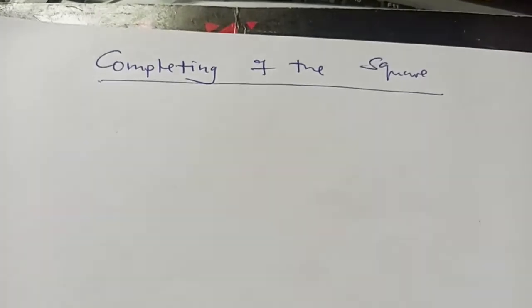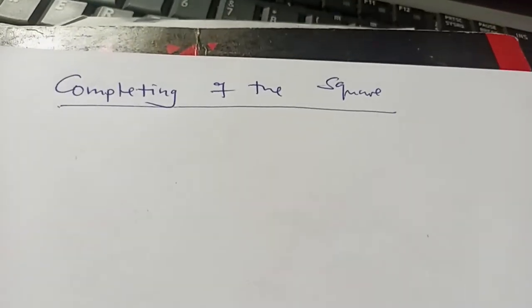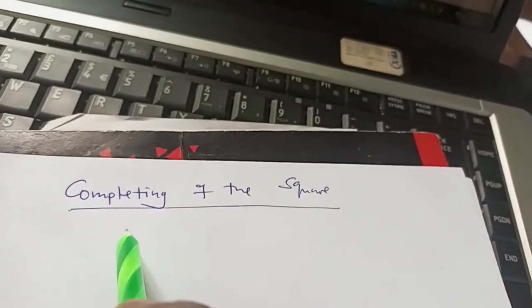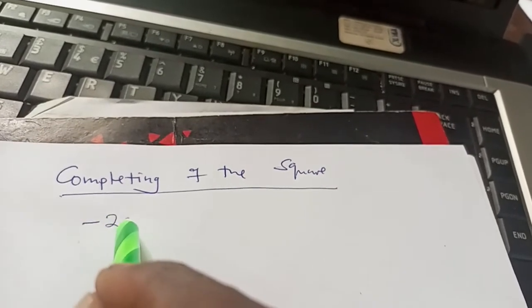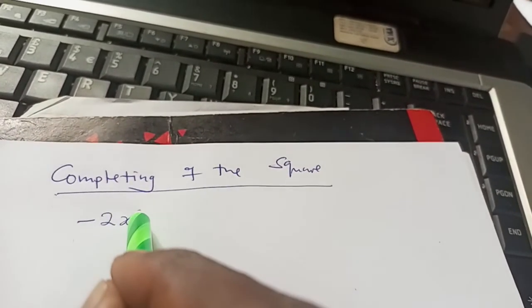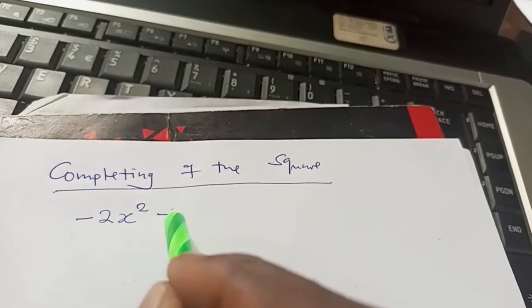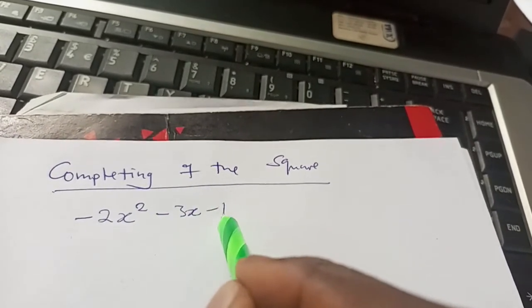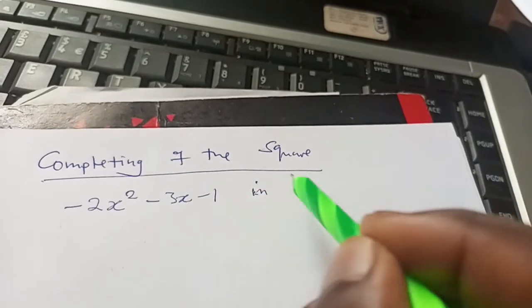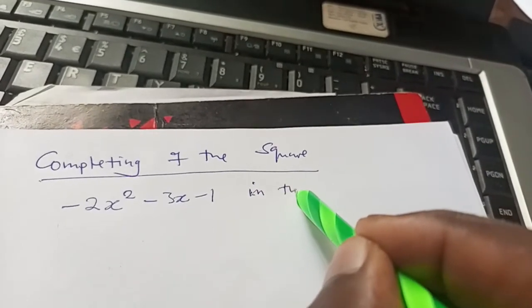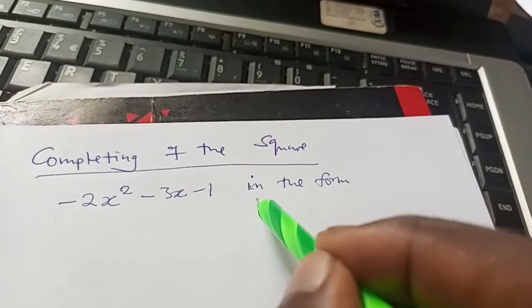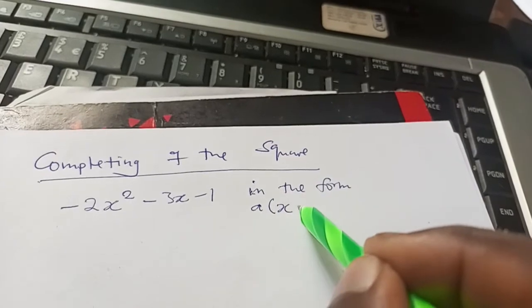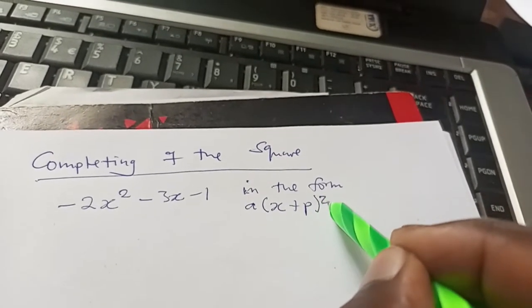So we are saying completing the square method. We are asked that we need to express negative 2x to the power of 2 minus 3x minus 1 in the form of (ax plus b) to the power of 2 plus q.